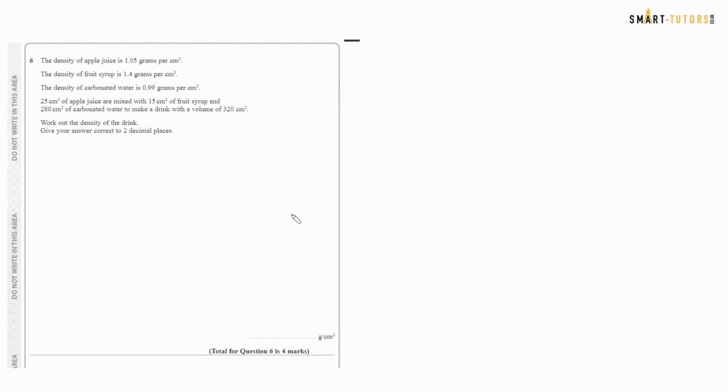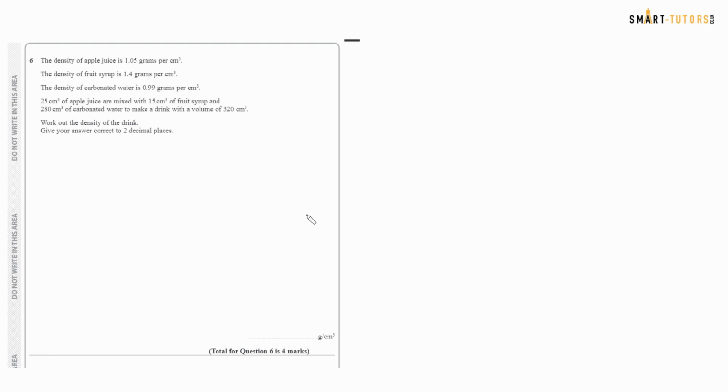The density of carbonated water is 0.99 grams per centimeter cube. 25 centimeter cube of apple juice are mixed with 15 centimeter cube of fruit syrup and 280 centimeter cube of carbonated water to make a drink with a volume of 320 centimeter cube. Work out the density of the drink. Give your answer correct to 2 decimal places.